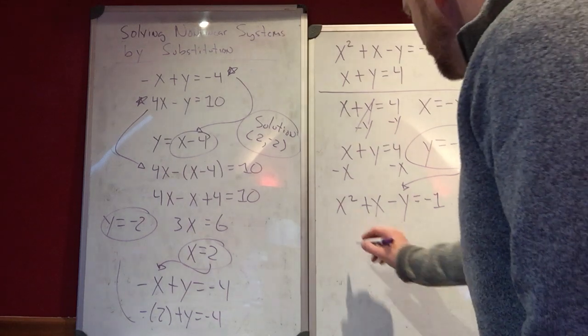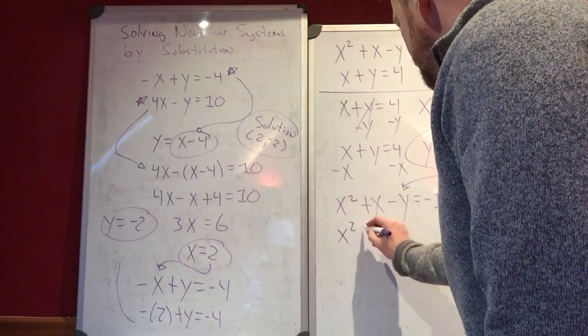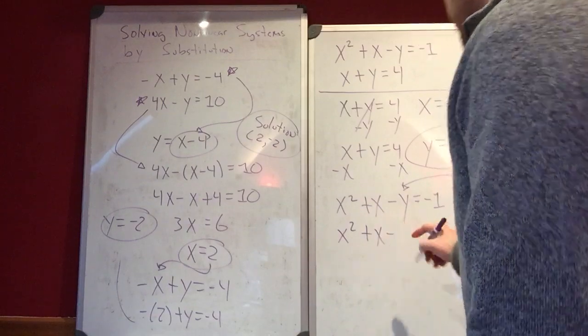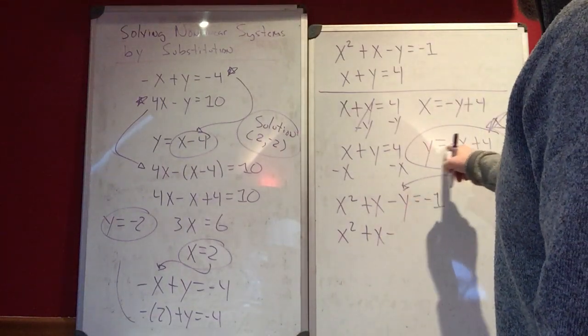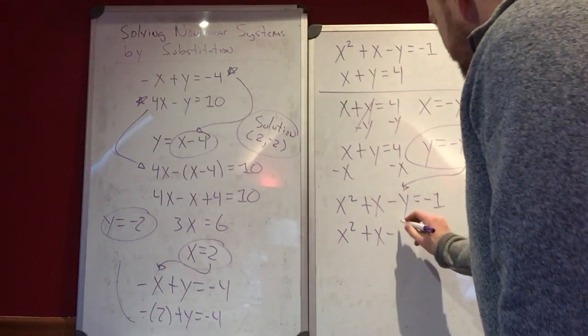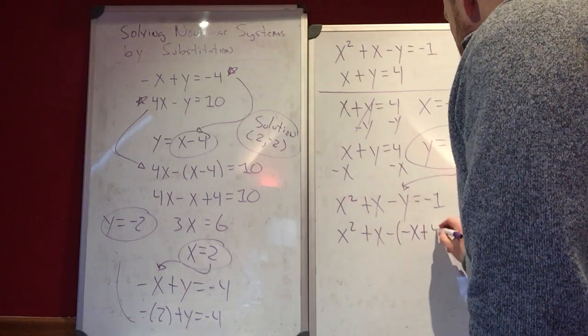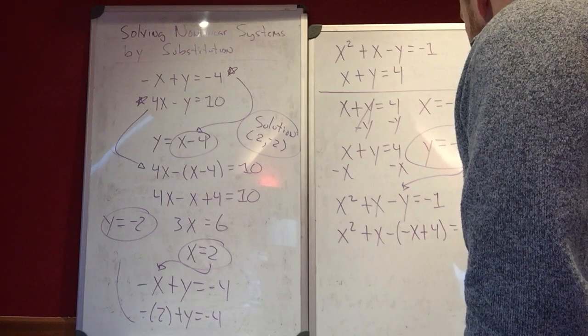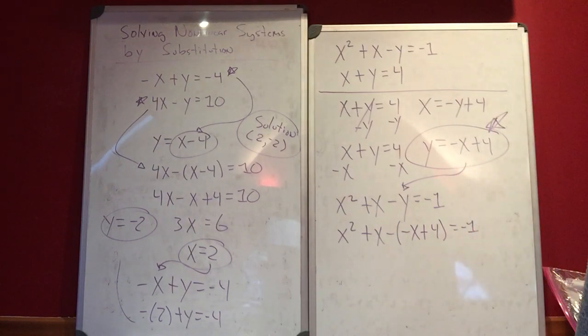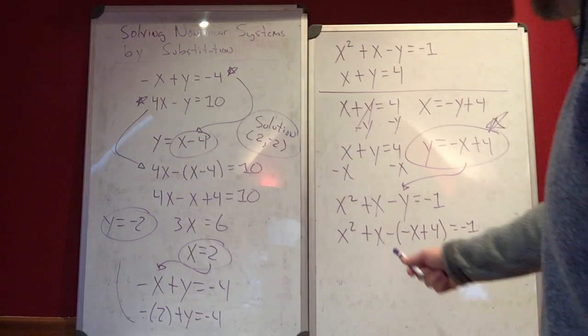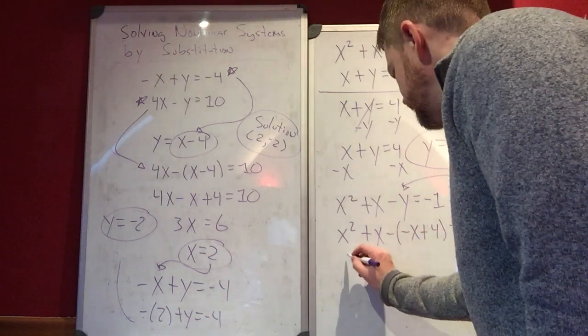So when we do that, we're going to get x squared plus x minus, now we substitute in for y. Y equals negative x plus 4, right? So put my parentheses in, negative x plus 4 equals negative 1. Okay, we'd have to clean this up a little bit, right? So we have a negative 1 here that we have to distribute.